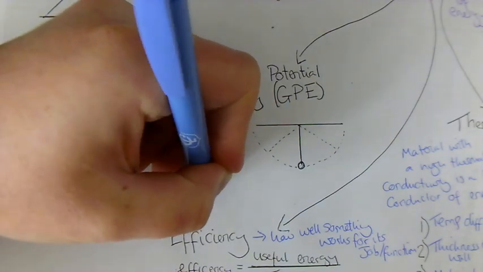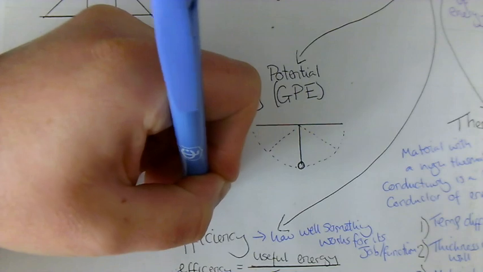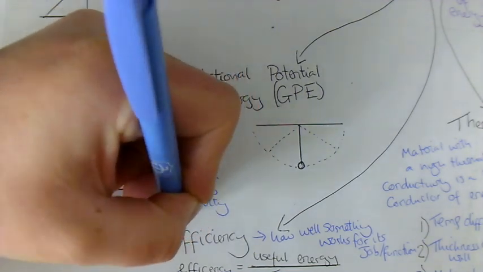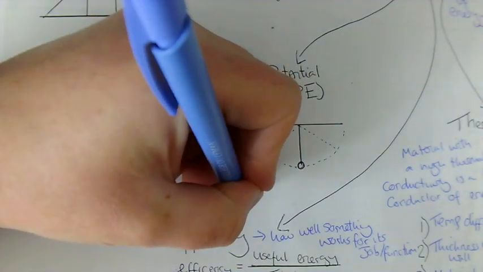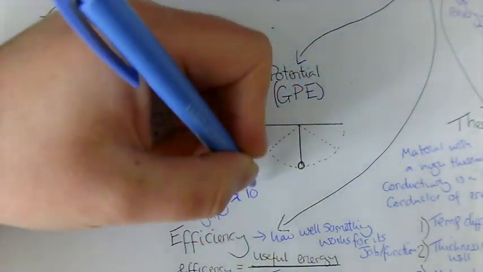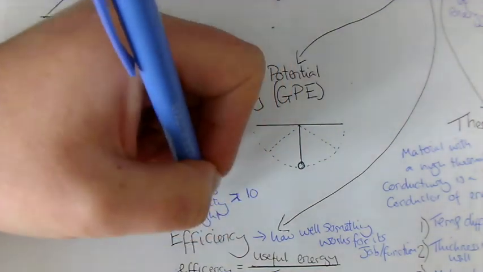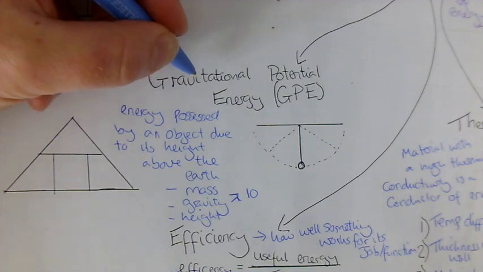It depends on three things. So it depends on the mass of the object, it depends on gravity, and it depends on height. Gravity on Earth is always 10, remember. If you change to a different planet, obviously your gravity changes, so your GPE would change.